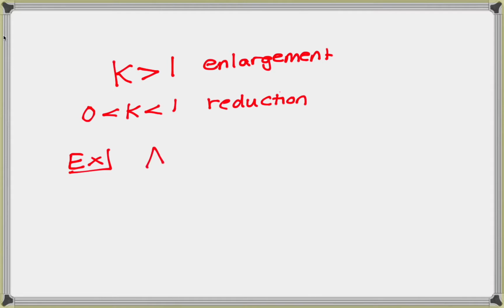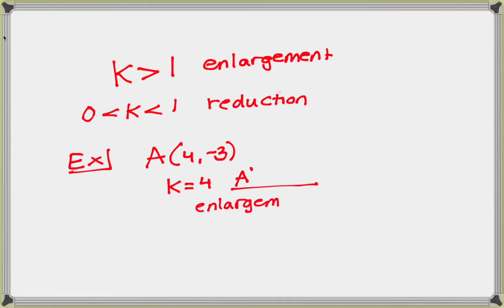If I had the ordered pair A at 4, negative 3, and my scale factor was 4, then what would the image of A be? Well, it's going to be an enlargement, right? And my new point A would be 4 times 4, which is 16, negative 3 times 4, which is negative 12.